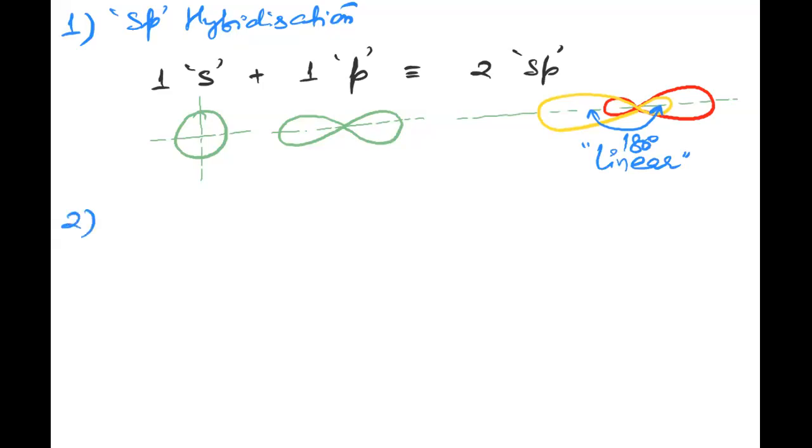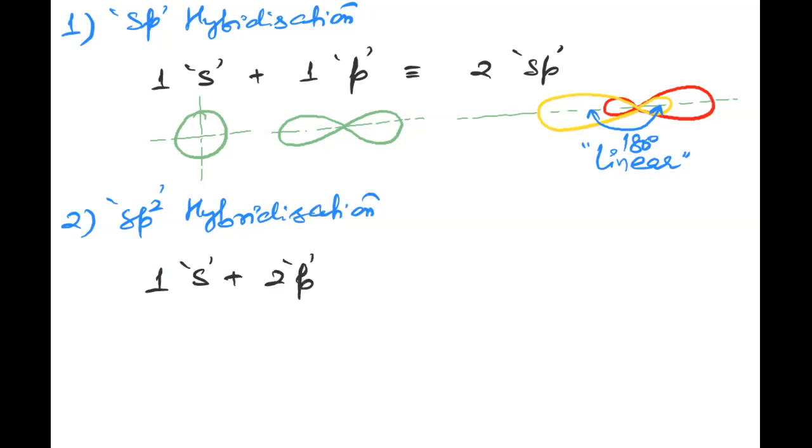Same, if we have sp2 hybridization. The meaning of sp2 hybridization is that here 1s can intermix with, let's say, 2p, and they can give 3 sp2 hybrid orbitals.